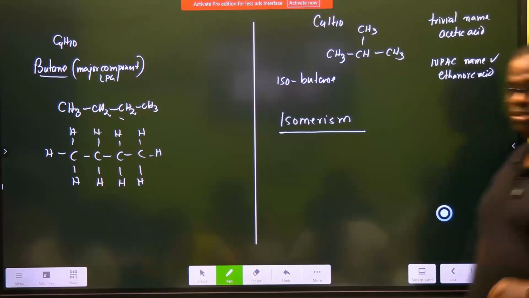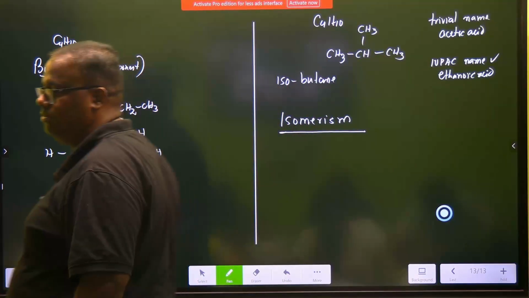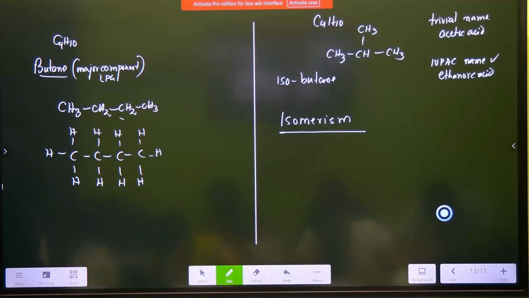Such isomerism is called structural isomerism. Isomerism means a simple thing, children, where the formula will be the same but the compound structures will be different. Have you understood? Structural isomerism.